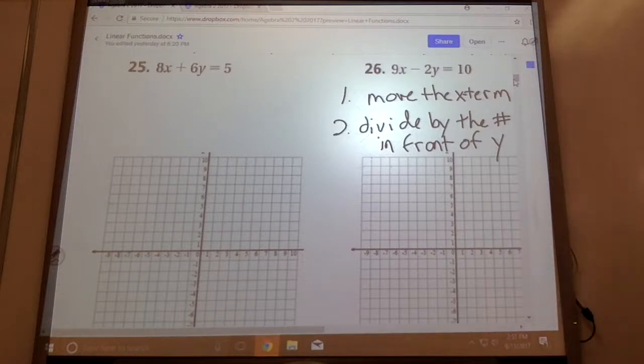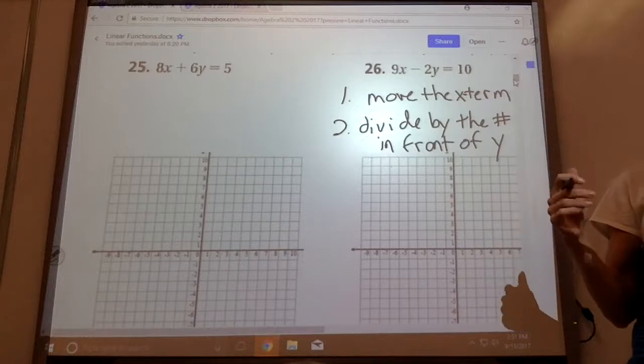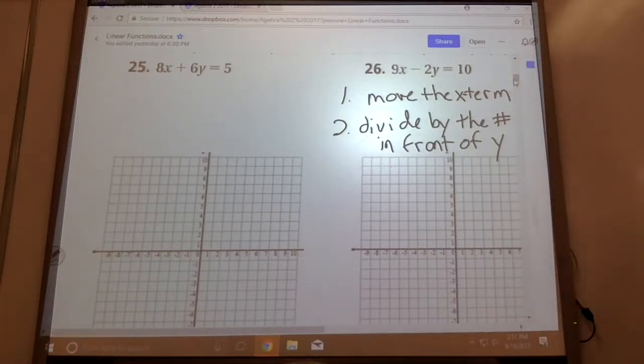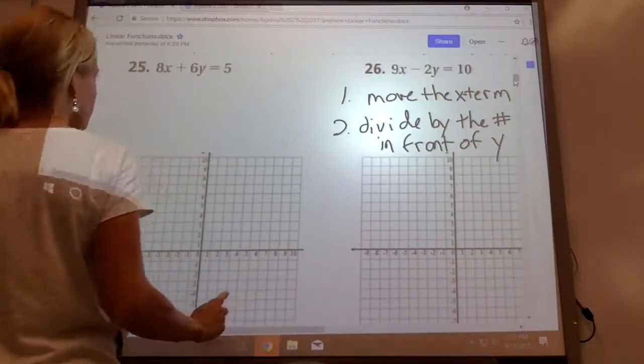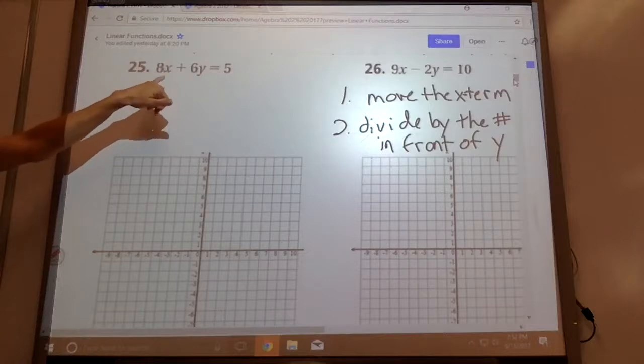So almost all the time, those are the 2 steps that you're going to follow. You're going to move the x term over, divide everything by the number in front of y. Almost always.